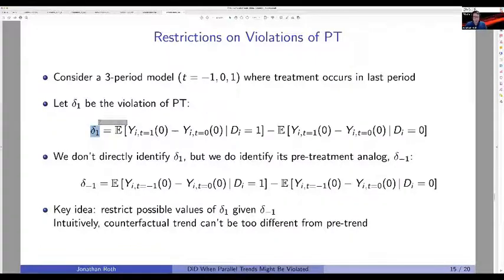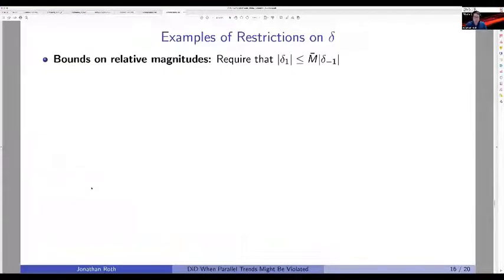So intuitively, we're willing to say that delta 1 is not too different from delta -1 in some sense. So what do we mean by not too different? Well, one way we can impose that is to impose bounds on relative magnitudes. So we could say, for instance, that the magnitude of the post-treatment violation of parallel trends could be no more than the magnitude of the pre-treatment violation of parallel trends. Or we could say that it could be no more than twice as large, which would correspond in this equation with setting this parameter M bar equal to 0.